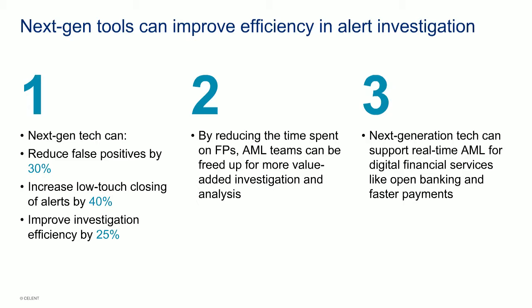So in these, and I'd say many other ways, next generation AML tools have been shown to improve efficiency in alert investigation. Based on case studies, and this means Celent going to financial institutions, and hearing what they're doing in their explorations with this new technology, we've estimated that next generation technology can potentially reduce false positives by 30%, actually more even, increase the low-touch closing of alerts by 40%, also even more even, and improve investigation efficiency by 25 to 40%, let's say.